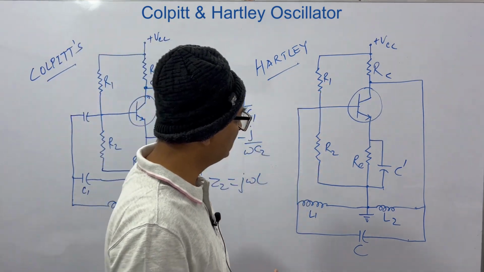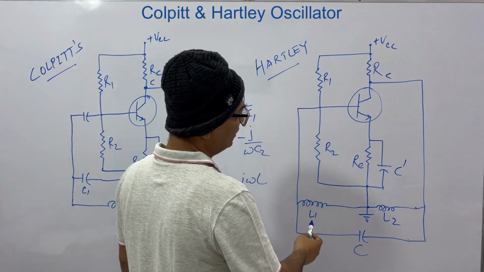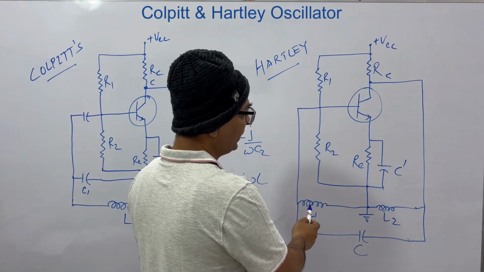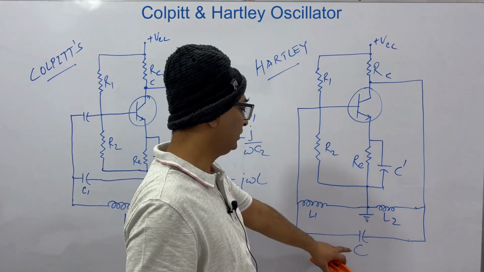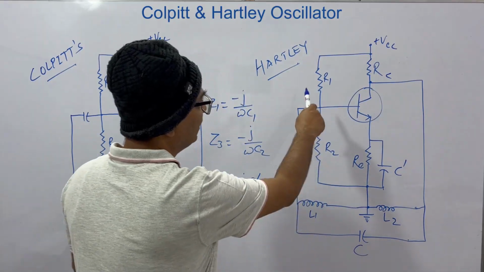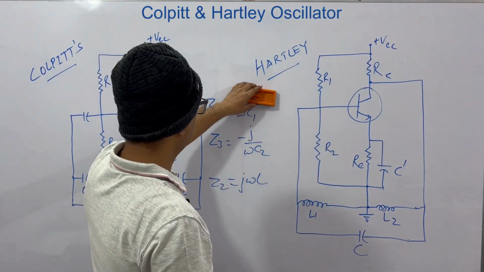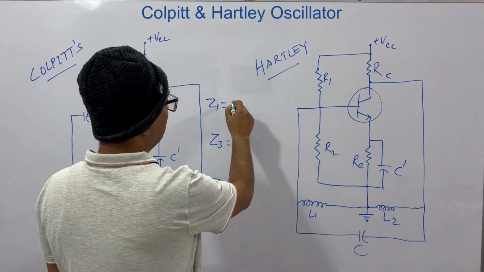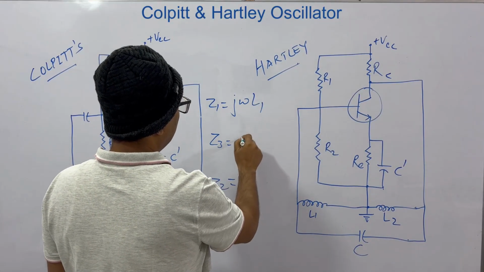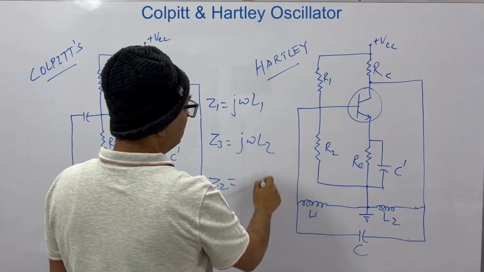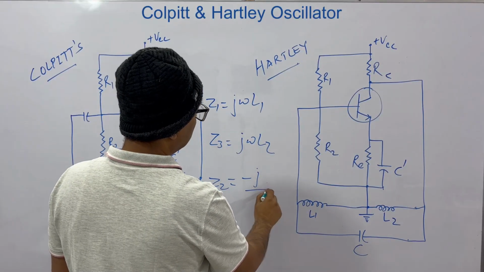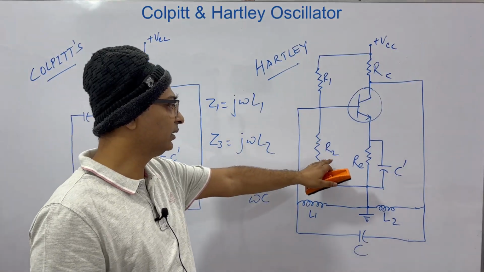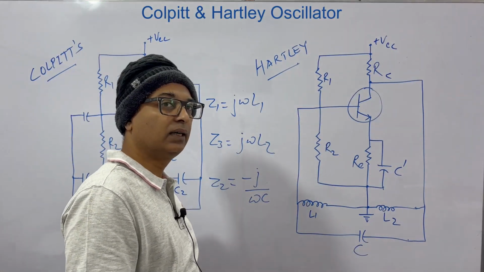Similarly, we have the Hartley oscillator where we have L1, L2 here. As Z1 and Z3, you have L1 and L2 and you have a capacitor here. R1, R2, RE, RC, you know what they are. So this will change. Z1 and Z3 are now j omega L1 and j omega L2, and this is minus j by omega C. So you can put these values in and you will get expressions for Hartley.